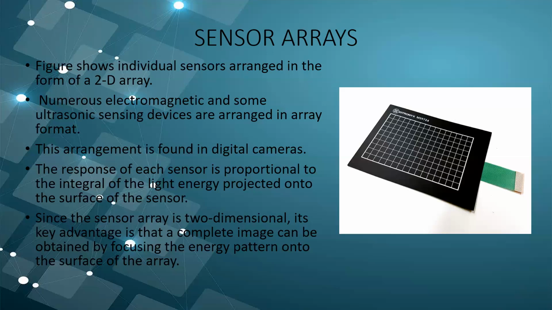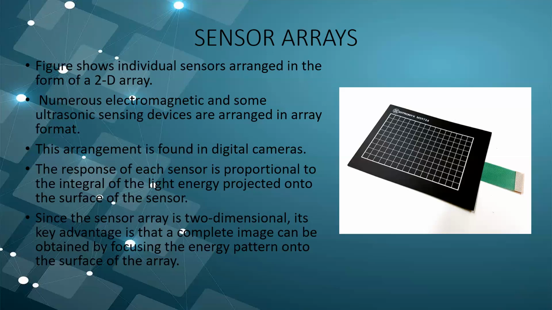It means that the response, or image-capturing capacity, of a sensor is directly proportional to the integral of the light energy projected onto the surface. The amount of light energy falling on a sensor is directly proportional to the image being captured.